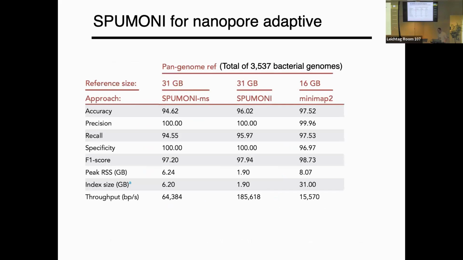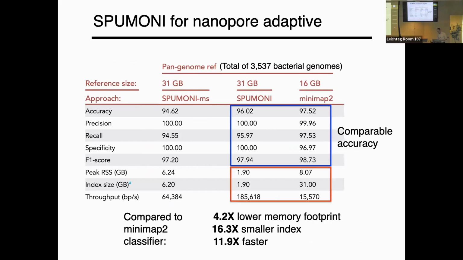And when we compared this approach to existing approaches, for example the Minimap2 based approach proposed in the ReadFish tool, a popular tool for doing this exact adaptive sampling application, we had comparable accuracy, and we were able to do it in a much lower memory footprint, with a smaller index, and faster.